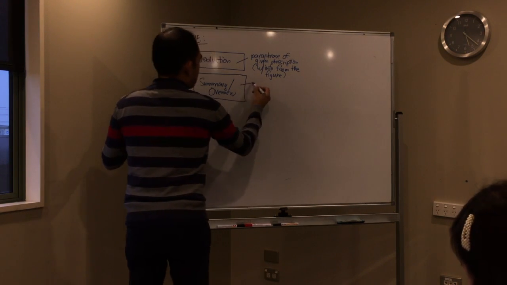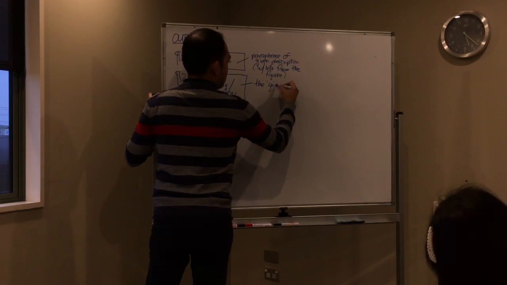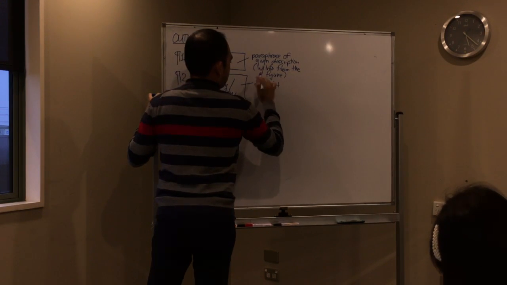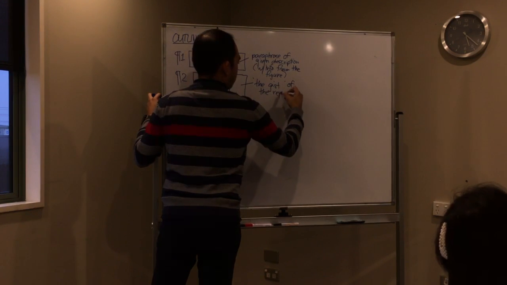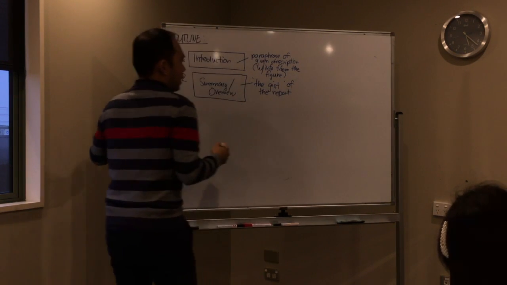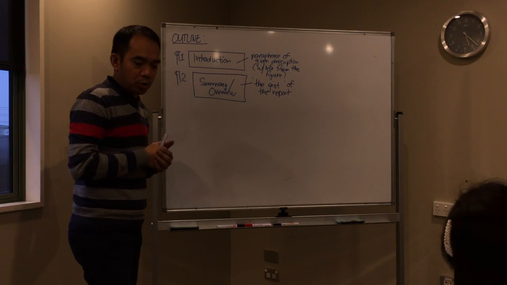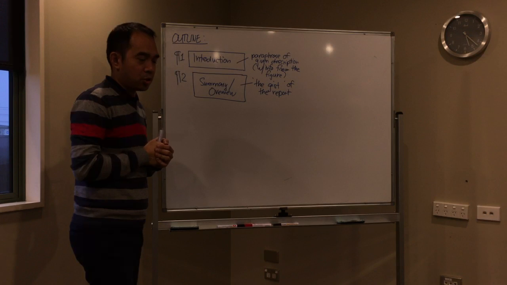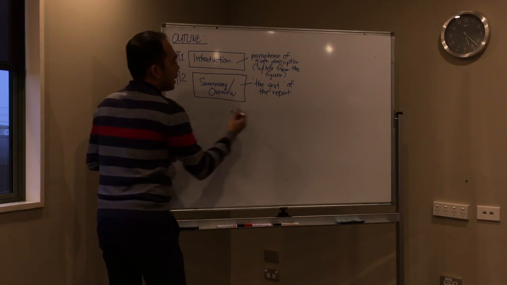So the summary or the overview is the gist, the gist of the report. It basically is a statement that shows us what in general it shows. Now, how do we do that? That's a very important question.